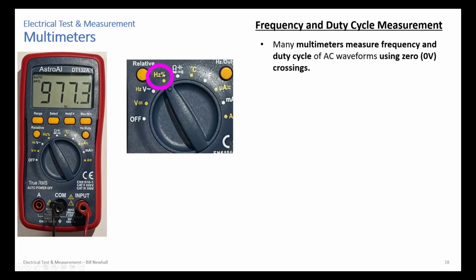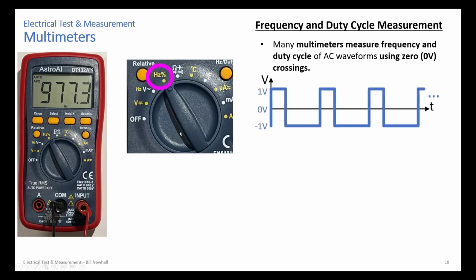You can set to hertz, which is frequency, or percent, which is duty cycle, and select between those two measurements. If you have a waveform that looks like this, a rectangular waveform that varies between -1 volt and 1 volt, and it's periodic with a regular period, it may not be 50% duty cycle.